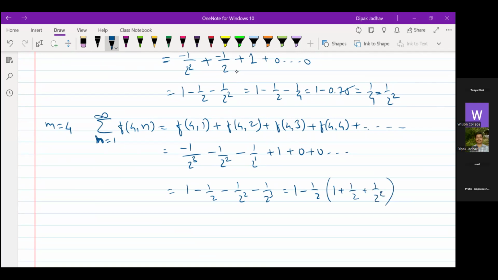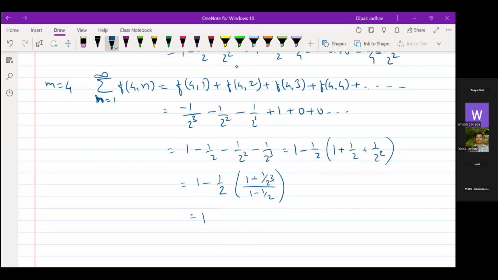Do I know this finite sum? Use the geometric series formula. So this will be 1 minus 1 by 2 into 1 minus 1 by 2 cube upon 1 minus 1 by 2, which is 1 by 2.